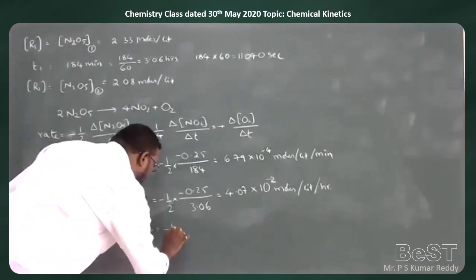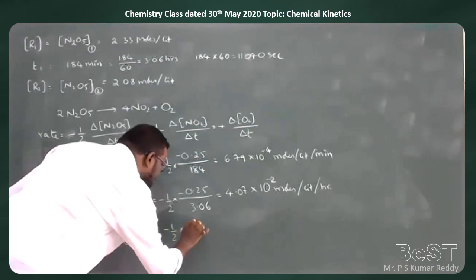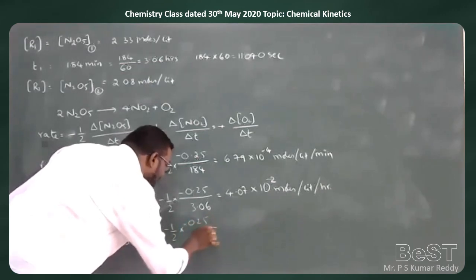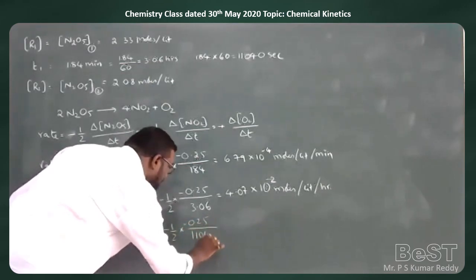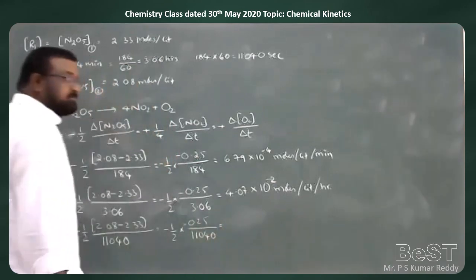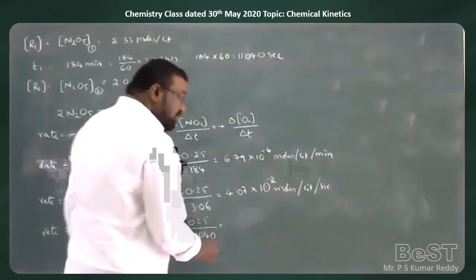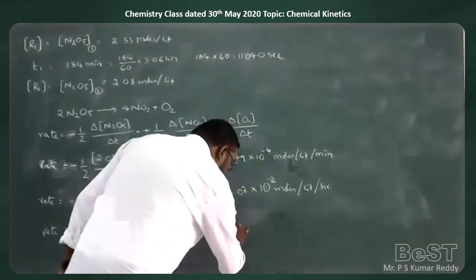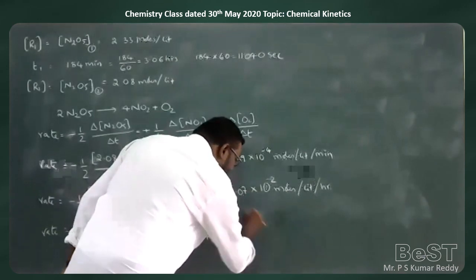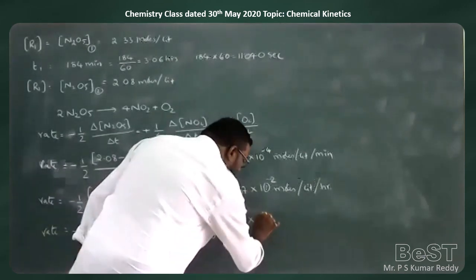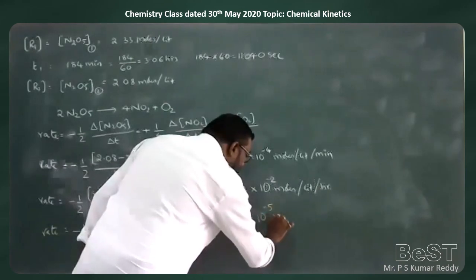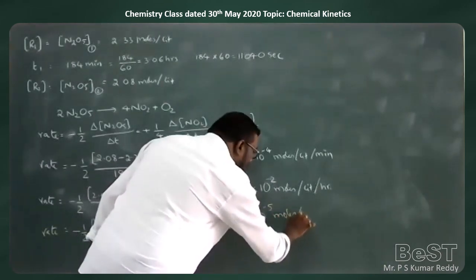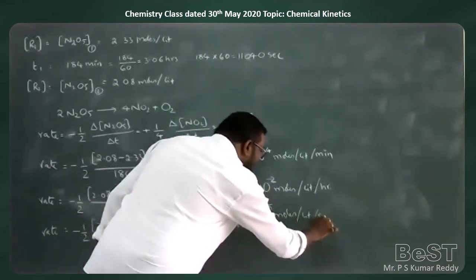That is minus half into minus 0.25 by 11040 seconds. How much? 1.13 into 10 to the power of minus 5 moles per liter per second.